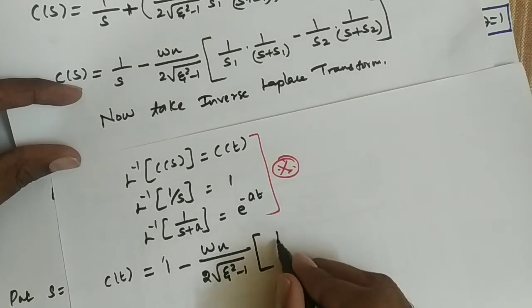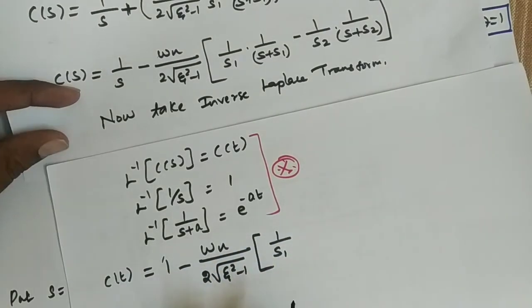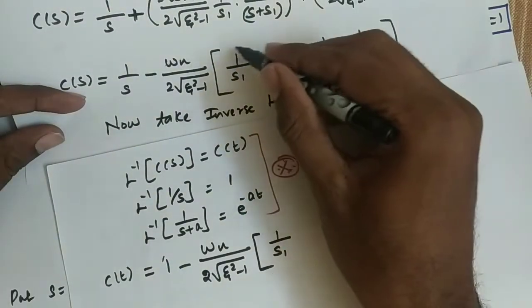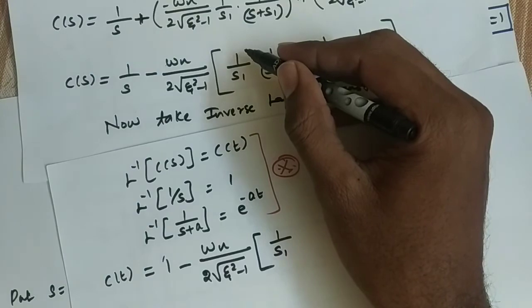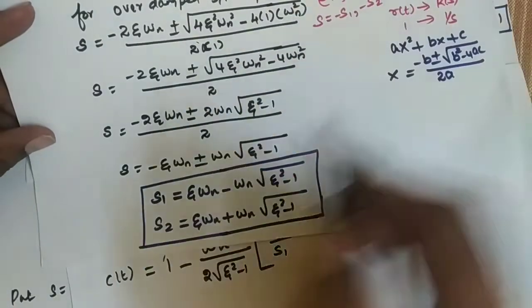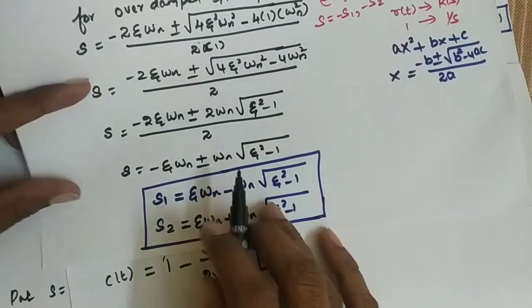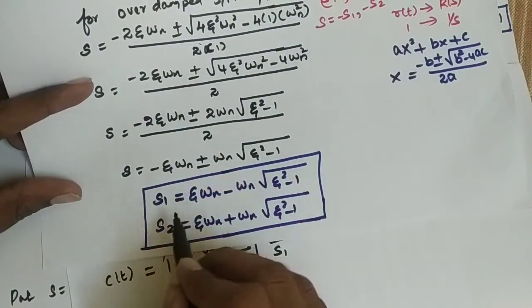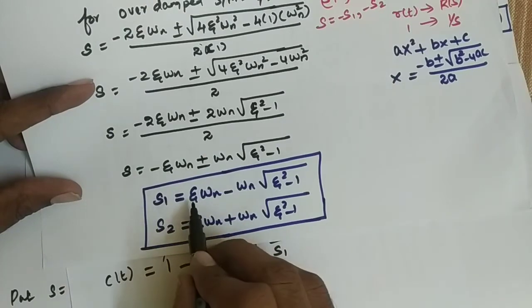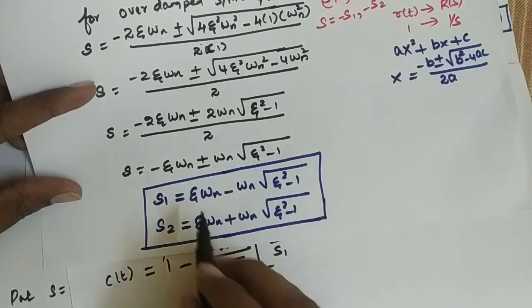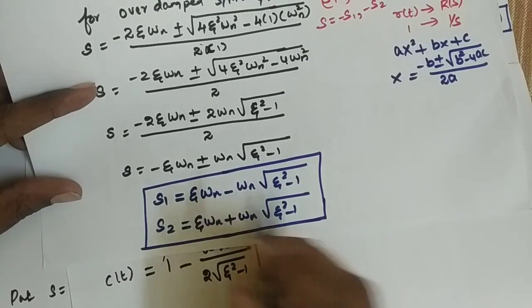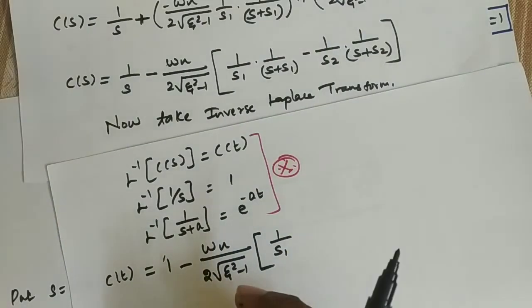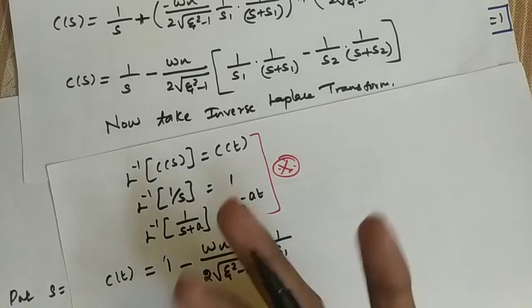Inside the bracket, 1 by s1 will be 1 by s1. Why 1 by s1? For the 1 by s1 term, if you are taking the inverse Laplace, there is no change, because kindly check the root value. See the s1 value, what are the parts of s1? In both s1 and s2 we have only eta and omega n terms. Eta is damping ratio, constant. Omega n is natural frequency, also a constant term. For constant terms, taking the Laplace transform makes no more changes.